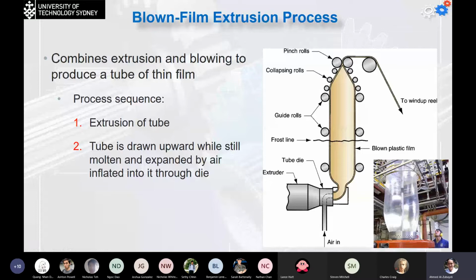The tube is going to be drawn upward while it's still molten and expanded by the air inflated into it, forming thin film through the die. Air is blown into the tube to maintain the uniform film thickness and tube diameter from the exit until it's wound up on the reel.